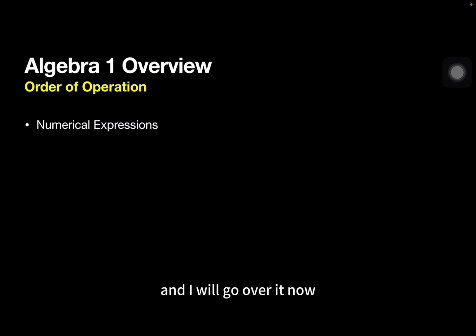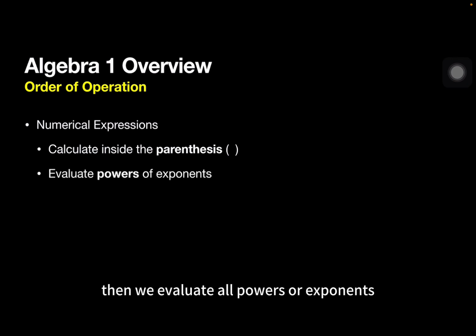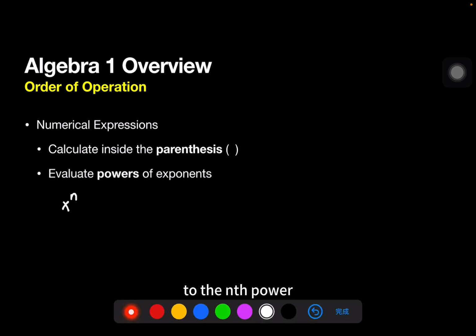go over it now. So when we are evaluating a numerical expression, first we do things inside the parentheses. Then we evaluate all powers or exponents. For those who do not know what a power is, I will go over it here very quickly. An expression like x to the nth power is called a power.